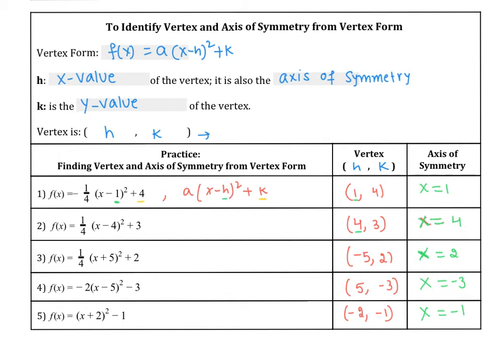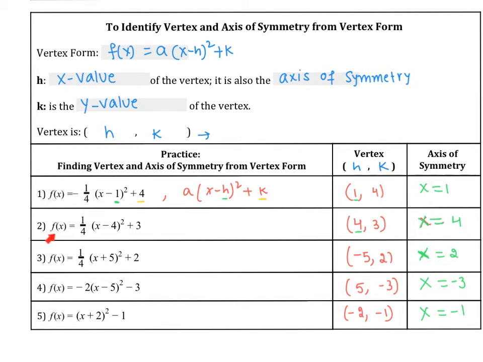So h is 1 and k is 4, so the vertex is (1, 4). The axis of symmetry is a line, not a number, so we write it as x equals 1, because it's a vertical line.